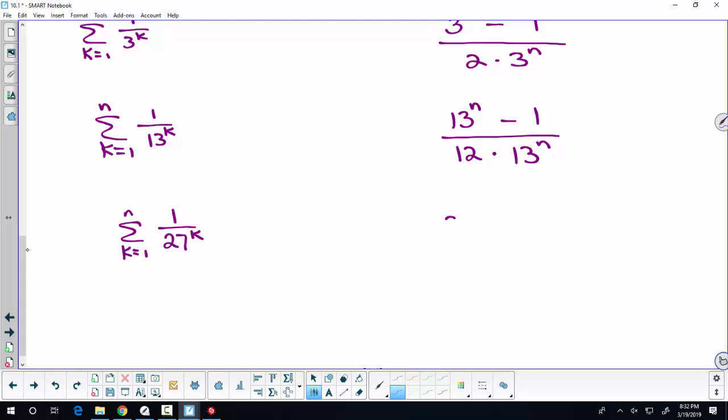The nth partial sum is 27 to the n minus 1 over 26 times 27 to the n. We're doing the nth partial sum. Maybe those three are enough to see the pattern with those types. They're good? Makes sense.